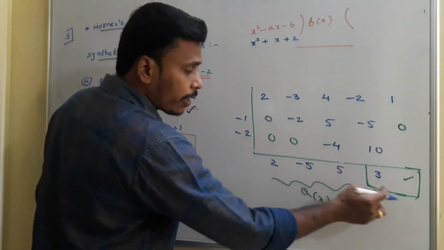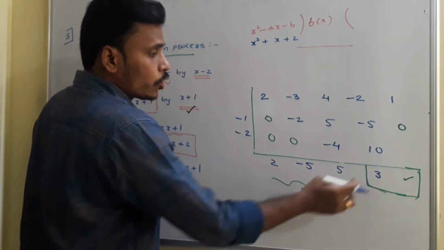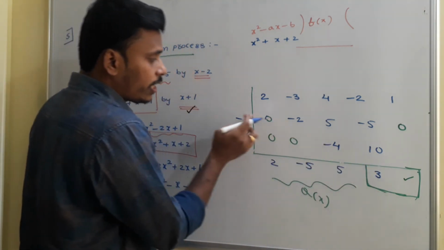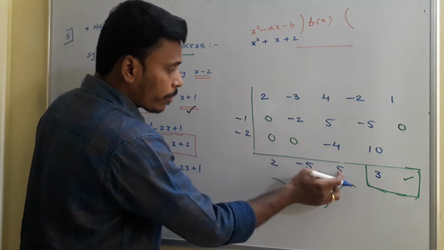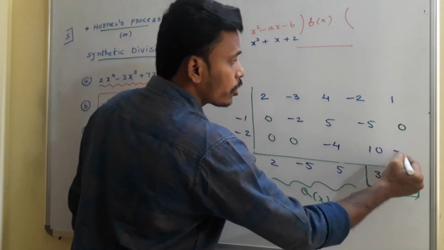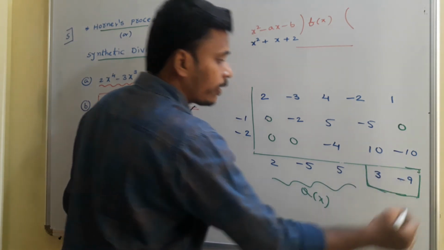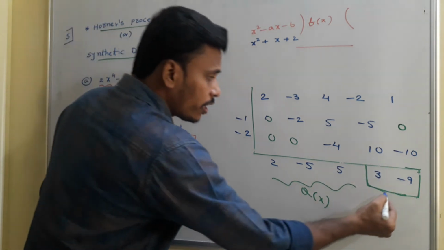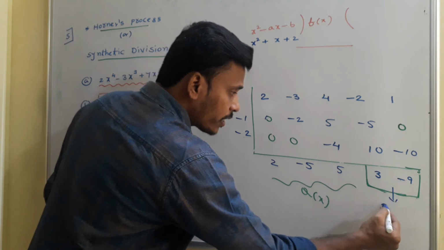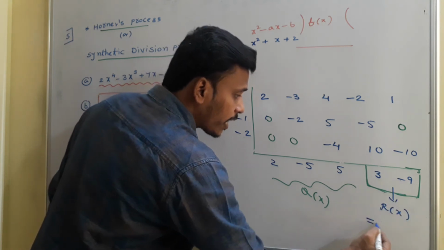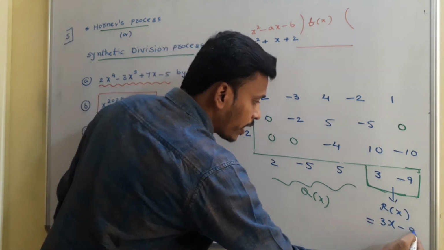See, this 3 comes into the remainder part, so don't multiply this 3 with minus 1. You just multiply this 5 with minus 2, which is minus 10, and then add, you will get minus 9. Now this 3 and minus 9 will represent the remainder part.